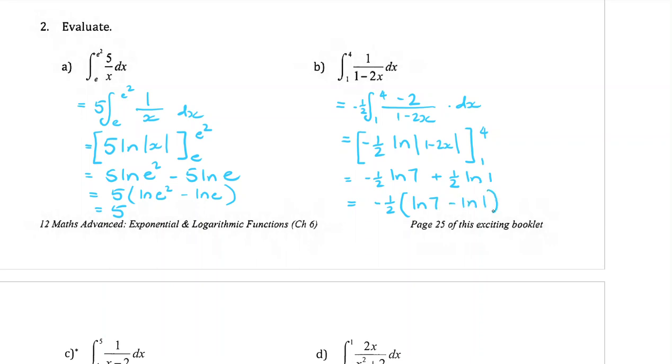What is ln of 7 minus ln of 1 become? Say that answer. ln of 7, because ln of 1 is just equal to 0. Okay? Or you could use log laws as well. Log subtracted would be 7 over 1. So it's just ln of 7. So the answer is minus a half ln of 7.